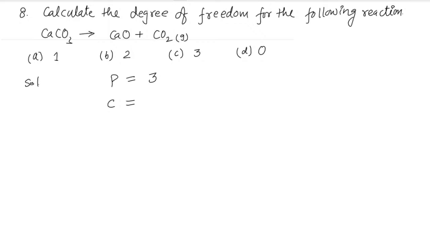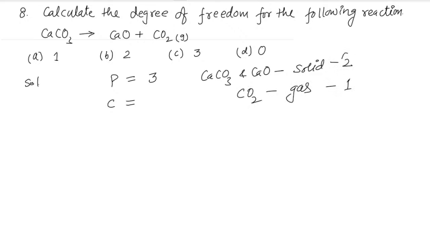Phases are 3, beta. Calcium carbonate and calcium oxide, they are solids, so they contribute 1 phase each. CO2 is gaseous, so 2 phases here, 1 phase here. Total 3 phases. And components, 3 components? 2 components, beta. The constituents are 3, but there is one equation in front of you, so minus 1.